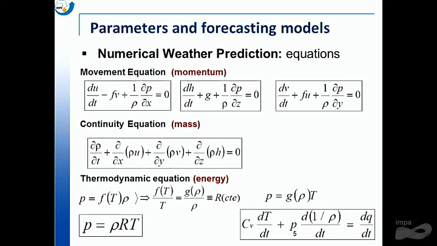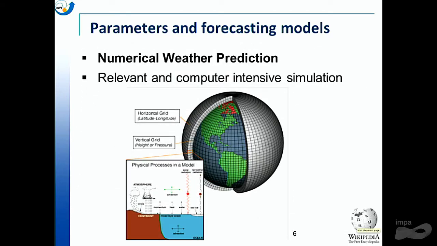This is the Navier-Stokes equation associated with the continuity equation and a conservation of energy equation, and also the ideal gas law. And so it's considered a very expensive problem from a computational point of view, and you need to solve these equations for all the planet in the troposphere.